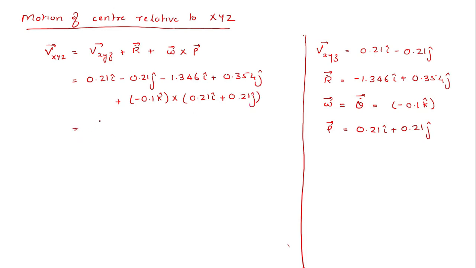So if you solve this, you would get minus 1.113 I cap plus 0.121 J cap meter per second.